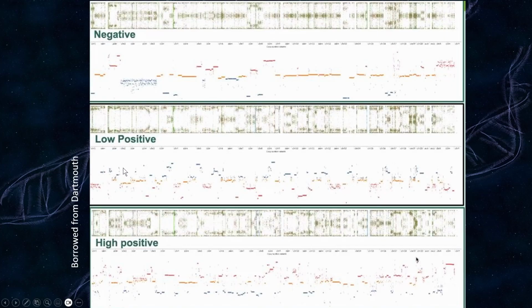And then here's a low positive case where you see a lot more variability, changes in allelic content. Again, it's hard to tell exactly where everything is because we're zoomed super far out. And then a high positive where you have a lot of variation. So you'd imagine a lot of these would qualify as all the things we talked about, LOH, TAI, and LST. Again, I think I'll do another lecture focusing more on how to read arrays.